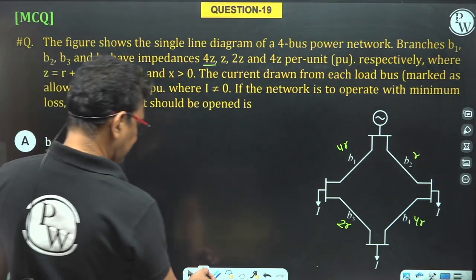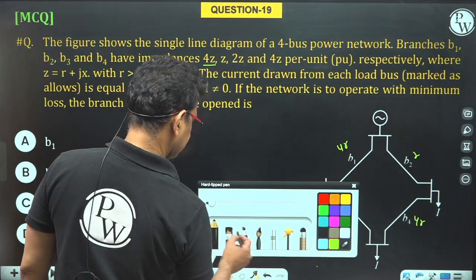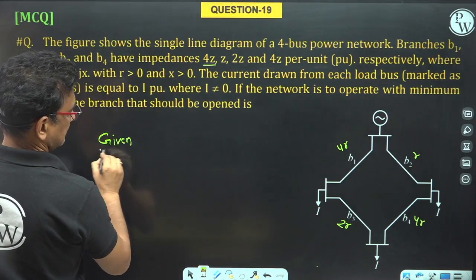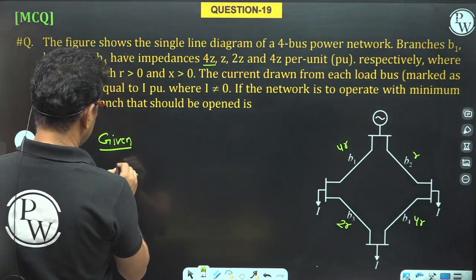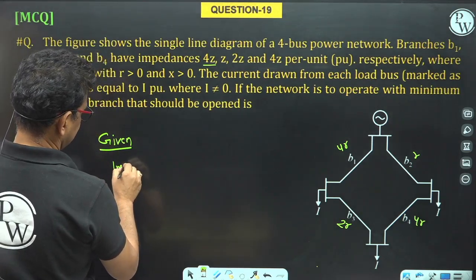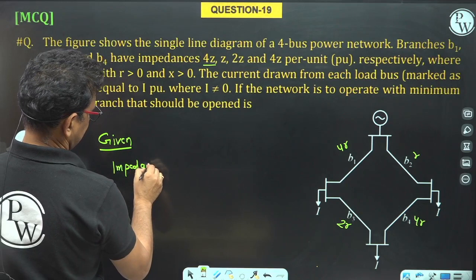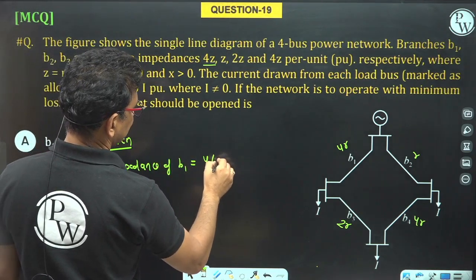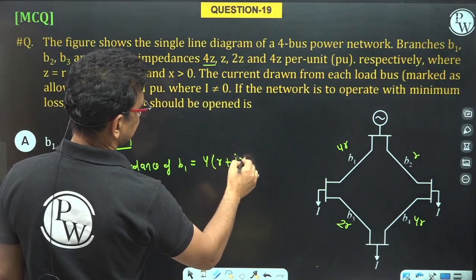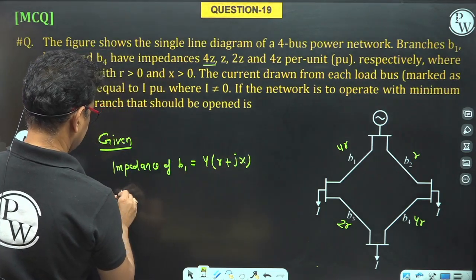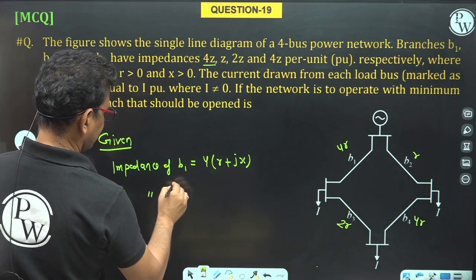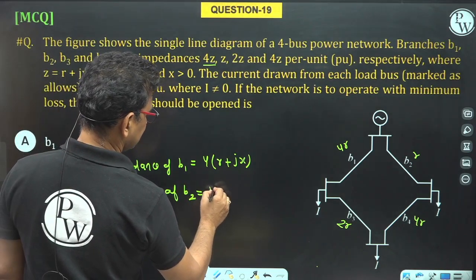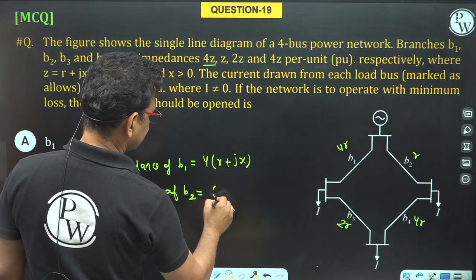So what is given here? The impedance of B1 is 4R plus jX. The impedance of B2 is R plus jX.